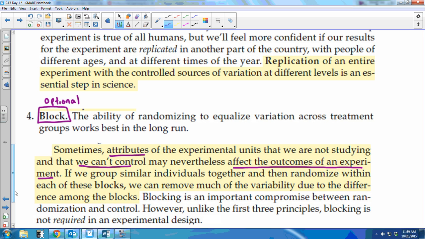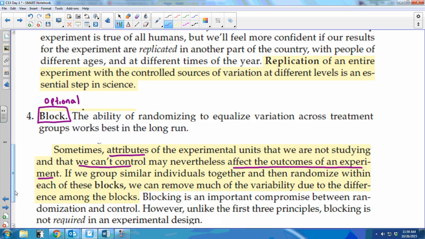All right, so for example, I'm doing the diet and exercise experiment, and it looks like at the end that men and women had different results. Okay? Well, if I didn't think about that ahead of time, I can't compare men and women at the end anymore, because maybe some groups didn't have women, some groups didn't have men, just because of random assignment. Okay? So what I could do is I could block the experiment by gender.